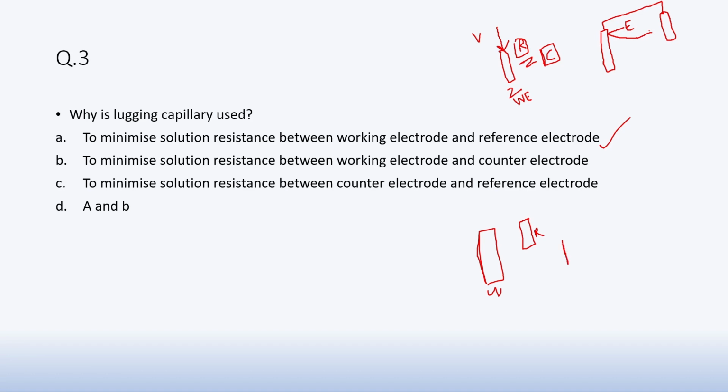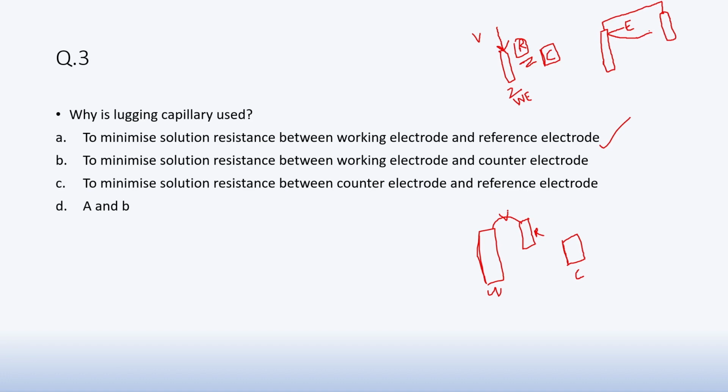Initially, if I am going only for a two electrode system, in the sense I only want to measure a potential, I need only the working and reference electrode, and you are measuring the potential between both of them. But when you apply a potential, there is a current generated, right?